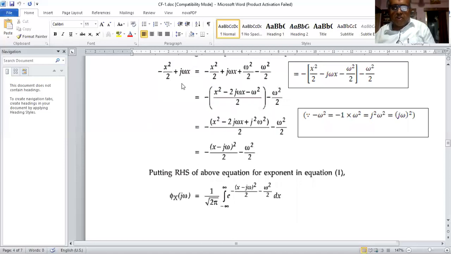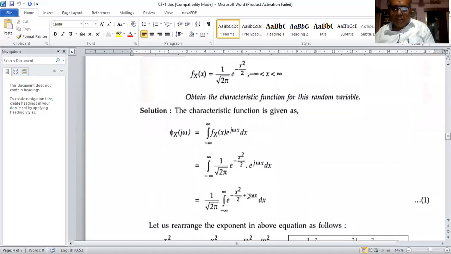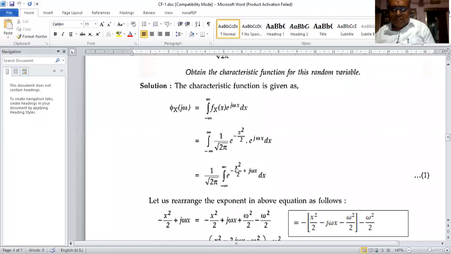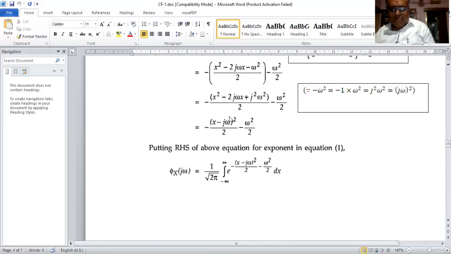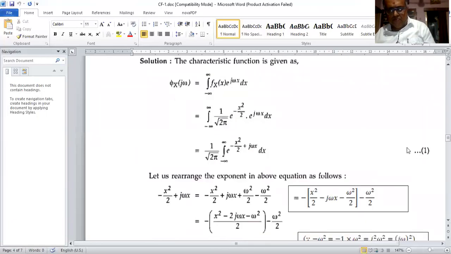Now substitute this value into the exponential. Replace the minus x squared by 2 plus j omega x term by this term, so it is now included in the exponential. Call this equation 1.